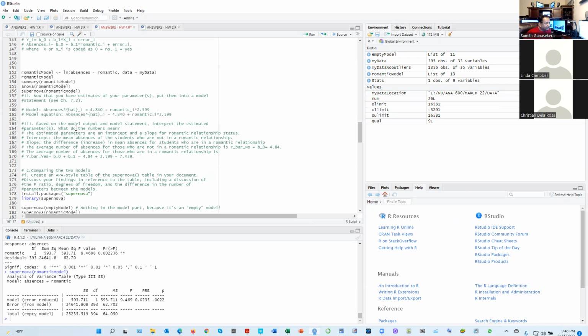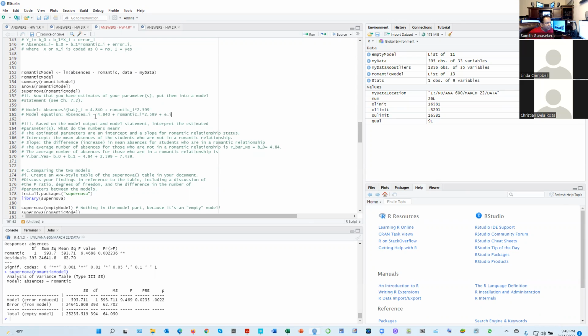The model equation in the sample version, I can say absences equals this one plus error, e sub i. That's the idea.